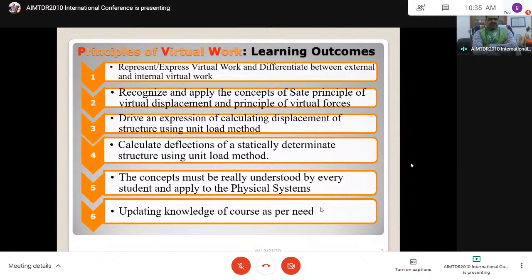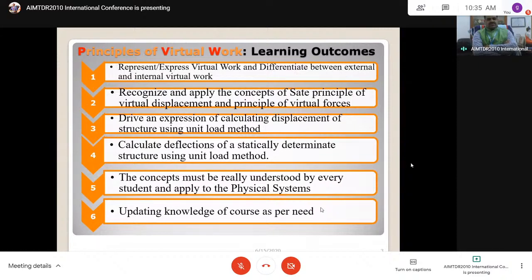Calculate the displacement or deflections of statically determinate structures using the unit load method. That means the number of unknowns and the number of equations, the equilibrium equations, must be satisfied. Because this is a principle we apply for statics, we are assuming the system is in equilibrium. That is one area where we can get the output.